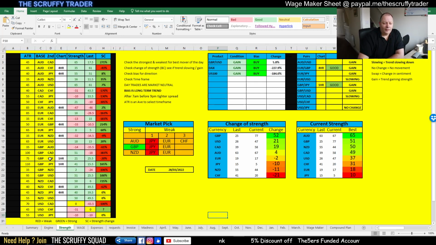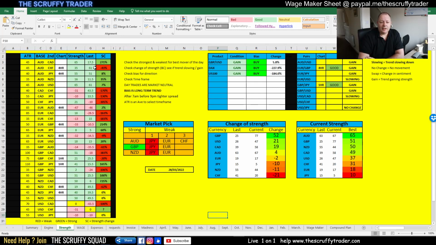This is all of the currencies with their daily ATR, and it'll tell you which chart is best to analyze for the given currency. So if a chart flashes up next to it, it means that there's reasonable volatility in the market and the best chart to look at, whether it be a 4 hour or an hour. As you can see the differences here.